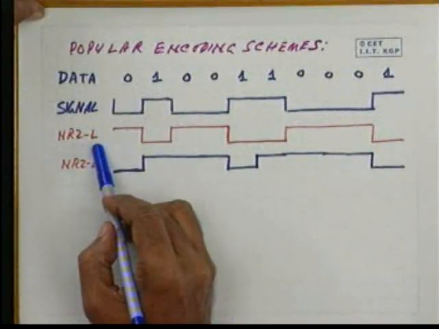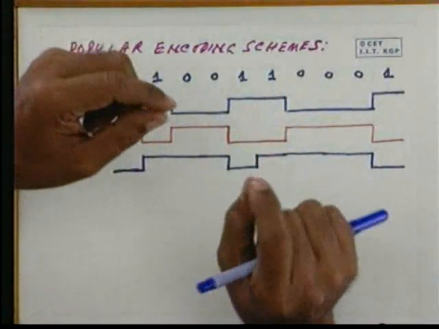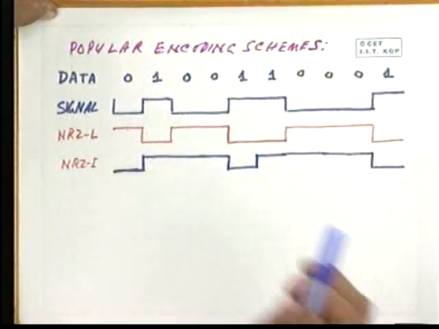In case of NRZ-L, if you are sending signal using a pair of wire, if this pair of wire gets replaced by the other, what will happen? The polarity of the signal will change, and at the receiving end the 1 will be detected as 0 and 0 will be detected as 1.